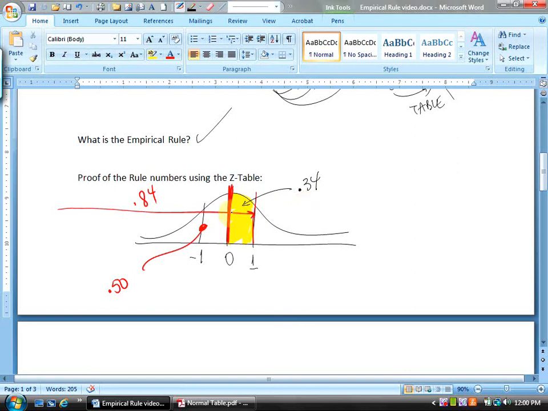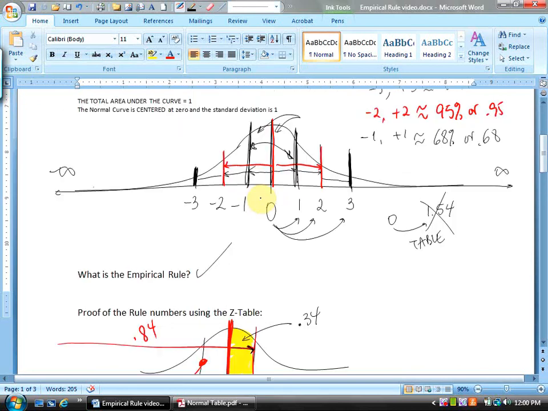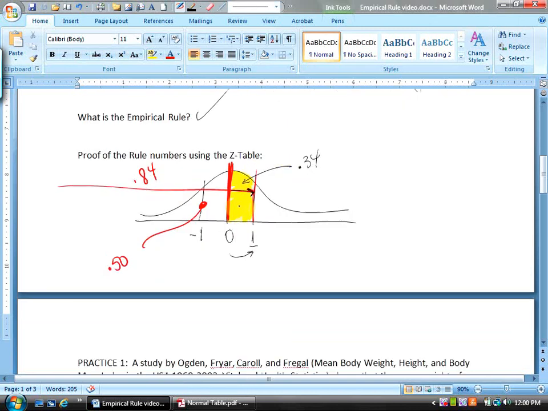Now, since one side of 68, meaning one side of 1 standard deviation, recall that I said when we started that 1 standard deviation goes from the center, 1 to the right, 1 to the left. Okay, that's 68.